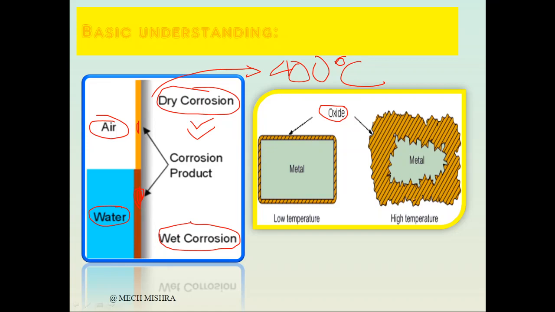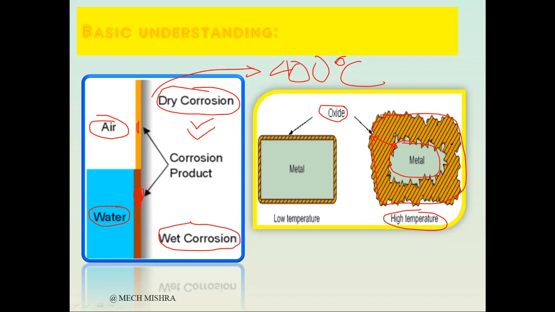That happens at higher temperatures, and here you can see the thickness of the oxide scale which is formed, and the original metal was like this, but at higher temperature, due to thickness loss, now the metal remains this one. So this is a basic understanding of dry corrosion and wet corrosion.